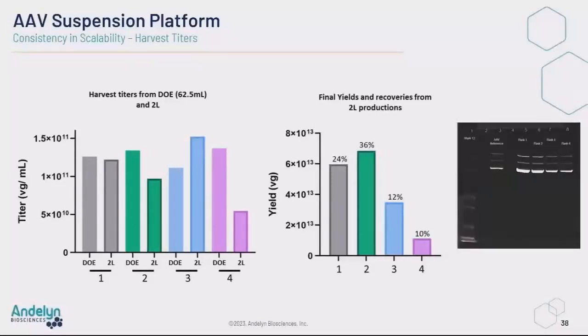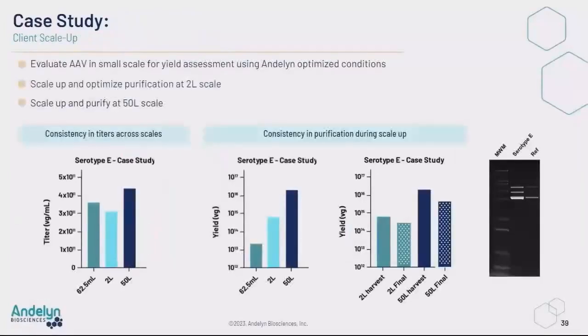So here's just a gel that demonstrates the level of purity that we're seeing across all 4 candidates. So, we do initial DOE, prove it in scale up into 2-liter, and then once we are into 2-liter, we can show that we have scalability and consistency in that scale from 2-liter to 50-liter.